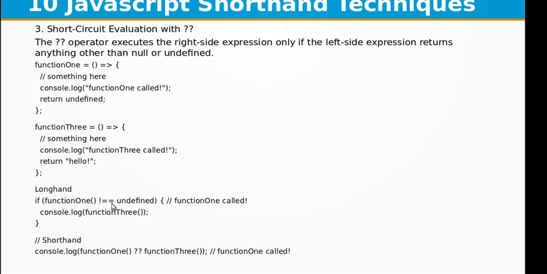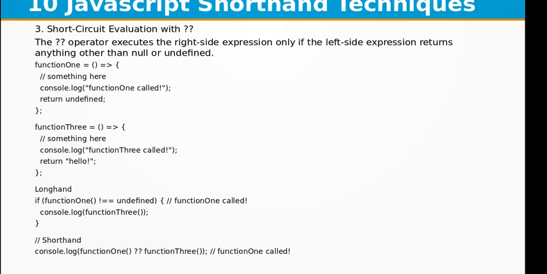The third shortcut technique is short circuit evaluation with double question mark. The double question mark operator executes the right side expression only if the left side expression returns anything other than null or undefined.